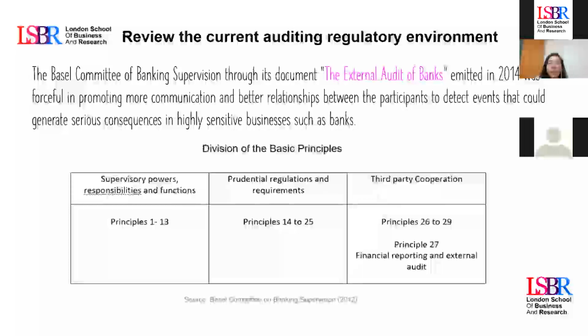So this committee created this set of rules to have better practice in terms of regulation. And as I told you, they created a specific principle related to external audit of banks, that is principle 27. So after the financial crisis, this was one of the results that the financial crisis provided us.